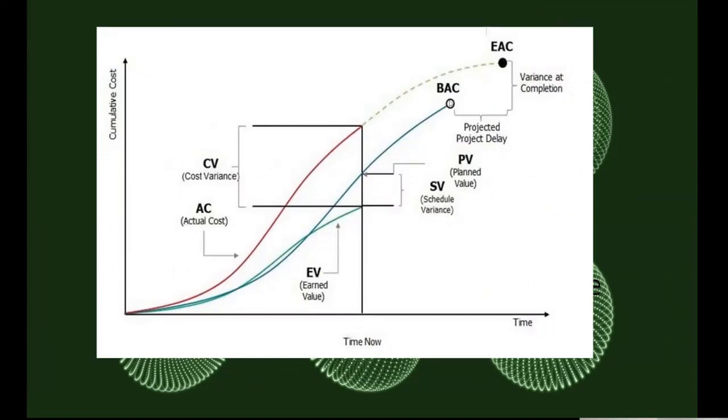So actually, I budget for $5 million, but after I finish the project, I found that it goes to $7 million. It's called estimate at completion. So there is a gap between the budgeted completion and estimated completion. It's called variance at completion, VAC.